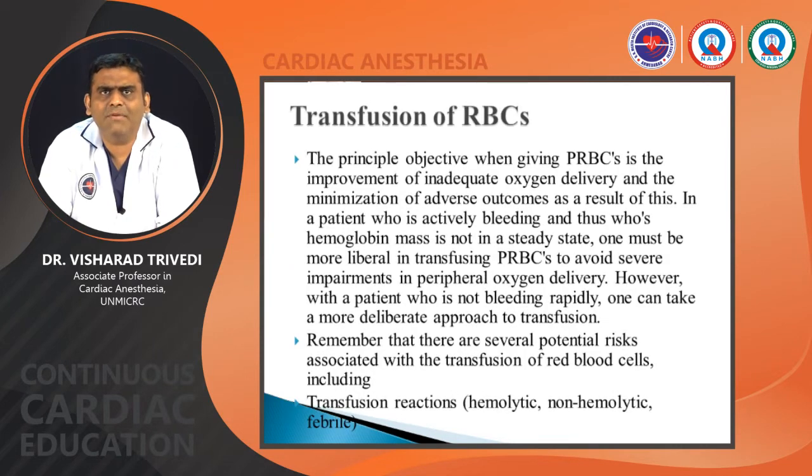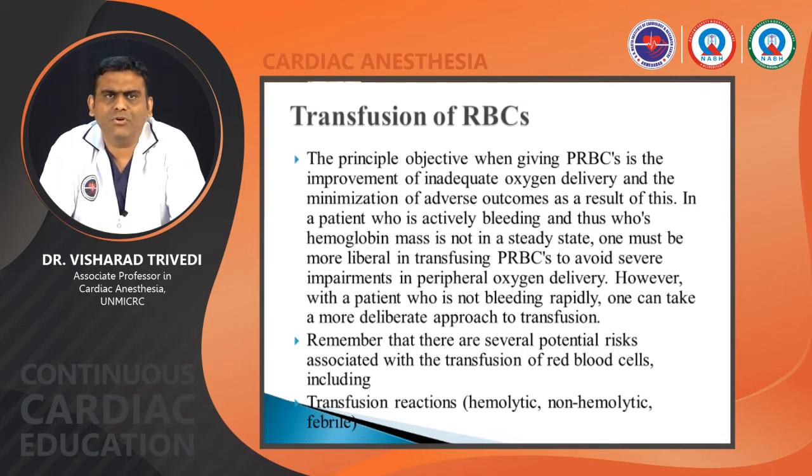While transfusing the RBCs, you should have a predetermined threshold for each and every patient. If the patient has severe comorbidities with low hemodynamics and low hemoglobin, then you should go for a target hemoglobin of more than 10. But if the patient is stable, extubated, but still has low hemoglobin, then in that patient your target hemoglobin level should be less than 7.